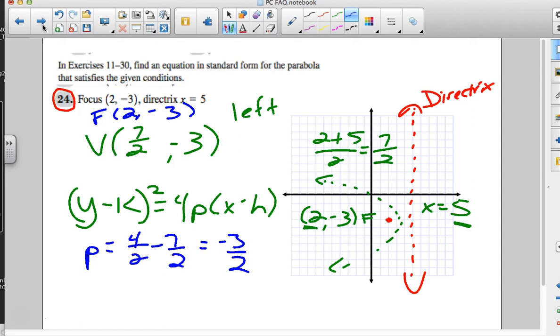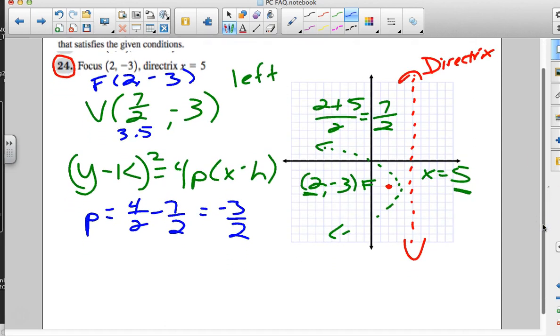Now the other way to think about that is in terms of decimals. Our 7/2 right there is 3.5, and 2 minus 3.5 would be -1.5. It's just whether or not you want to put it in decimals or fractions that will make the difference there. So there's our p-value, and notice it has a negative on it because we are going to the left. That's going to work out really great.